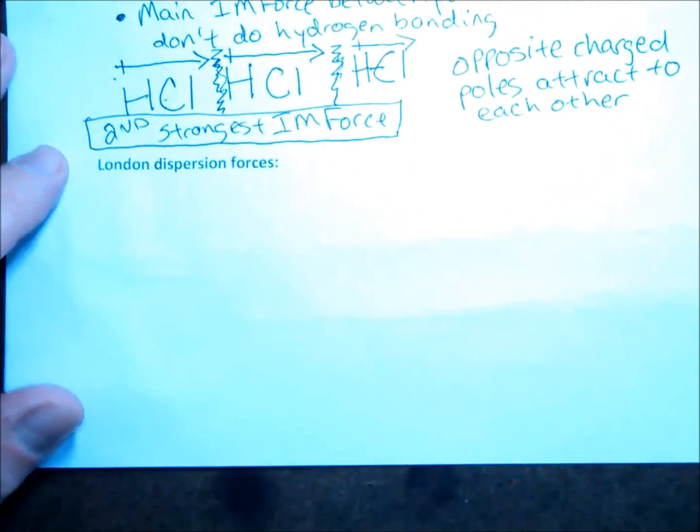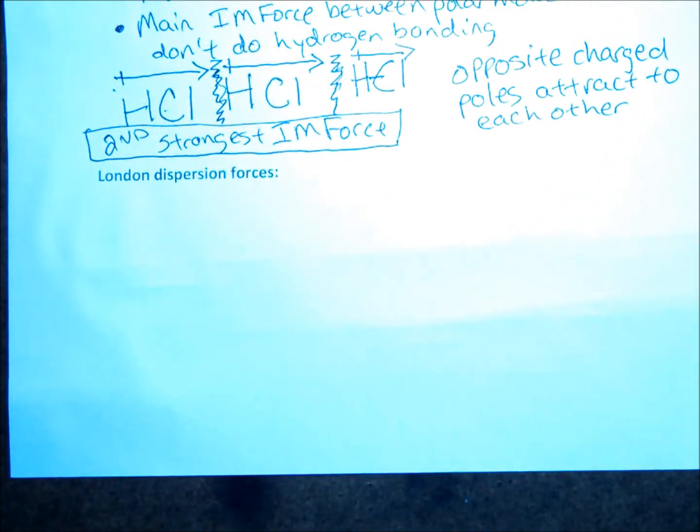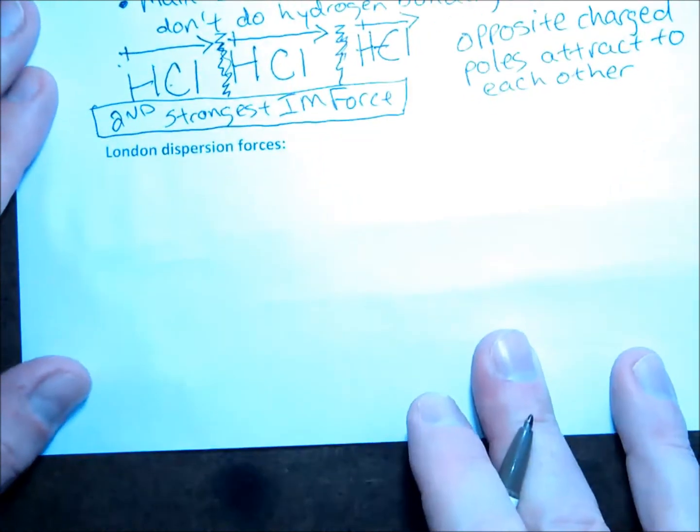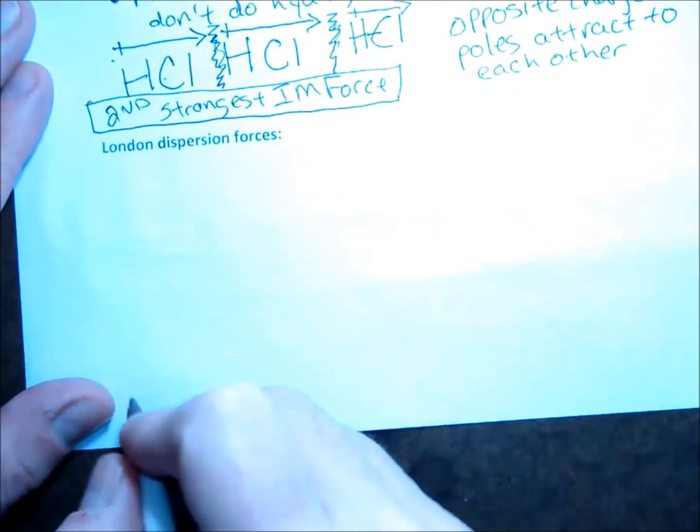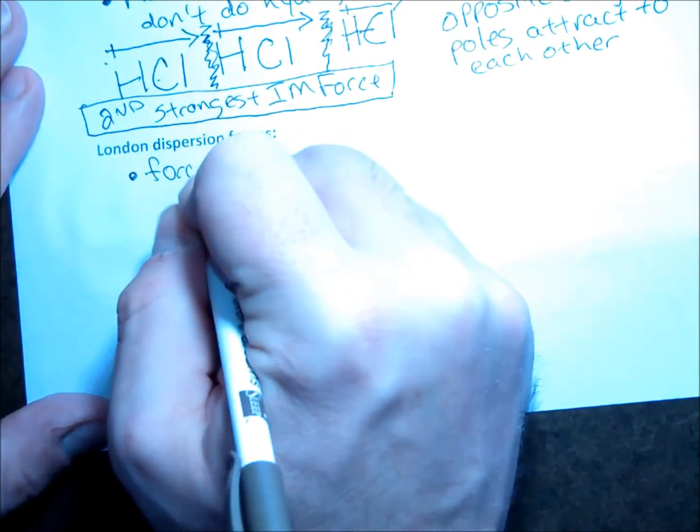Alright. Last one we're going to talk about are called London dispersion forces, and these things are kind of crazy. Just wait till I show you how this sticks together. Alright, and here's what London dispersion forces.